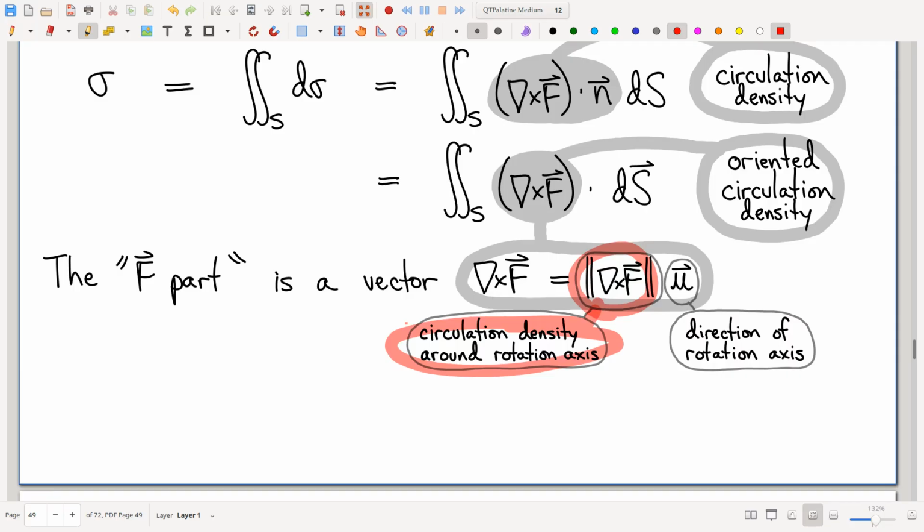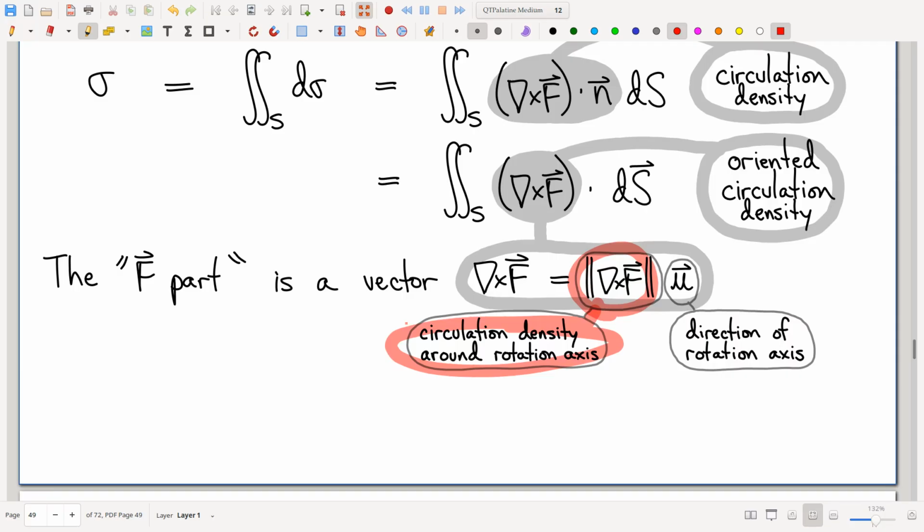We know we have a rotating fluid. Is it rotating, let's say, kind of like this? Or maybe it's rotating kind of like this? Or maybe it's rotating kind of like that. There's a bunch of different ways that it might be rotating, but the magnitude tells you how much.